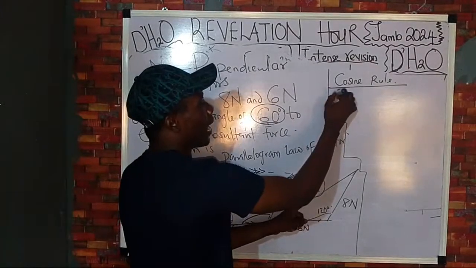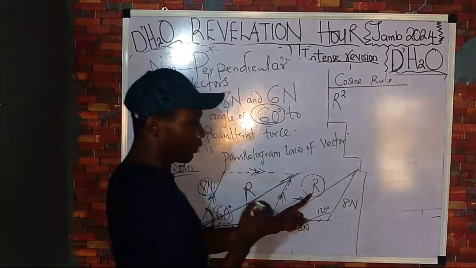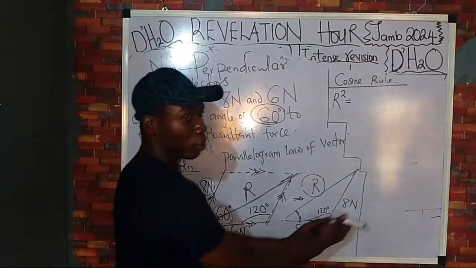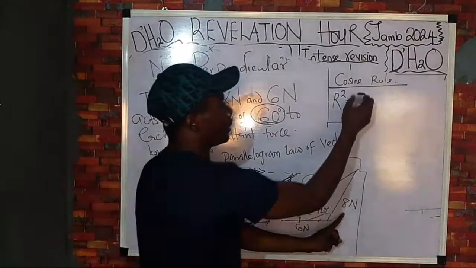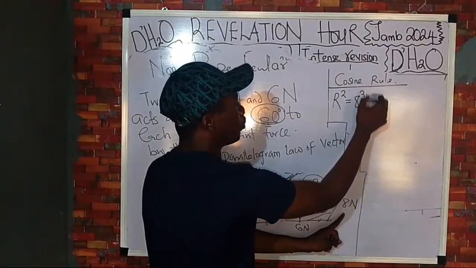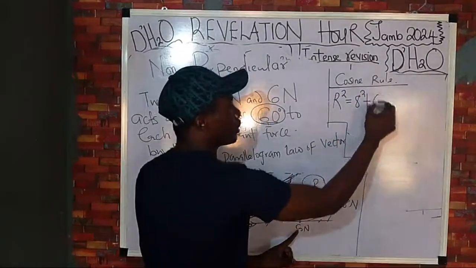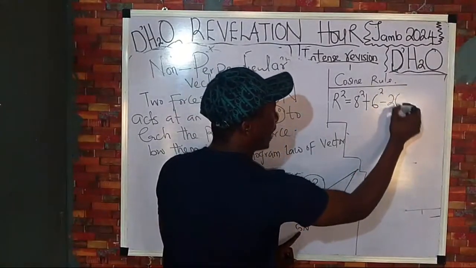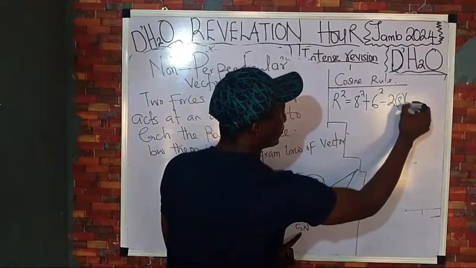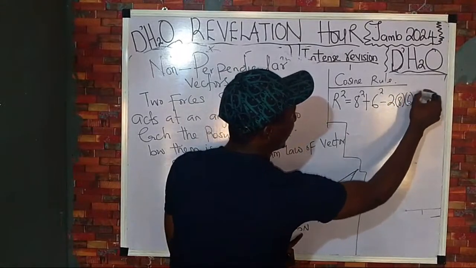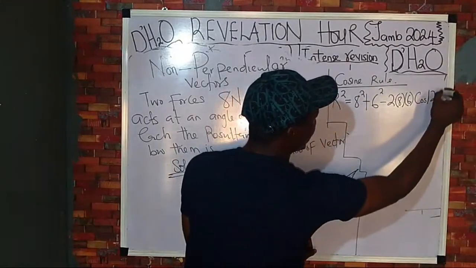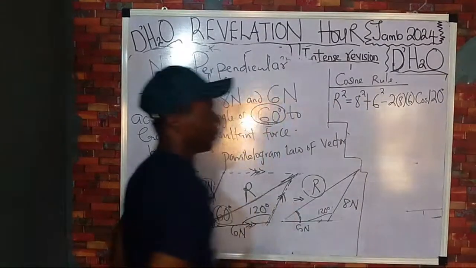Now, in cosine rule, if you are looking for the resultant, you write R squared, which is resultant squared, equals the first force. If you write this one first or this one first, it doesn't matter. So let's start with this: 8 squared plus 6 squared, then minus 2 times 8 times 6, times cos 120 degrees.